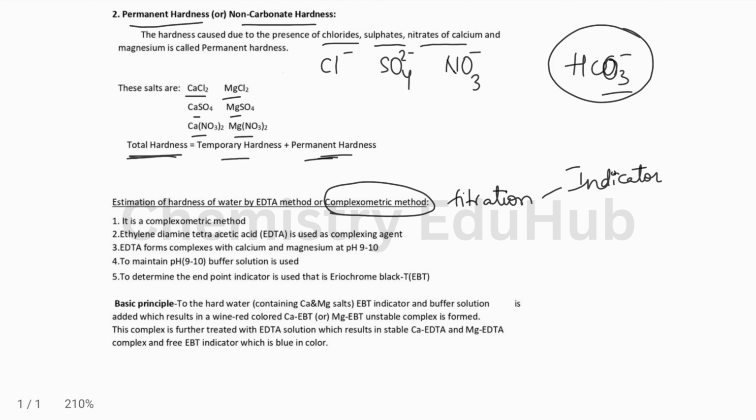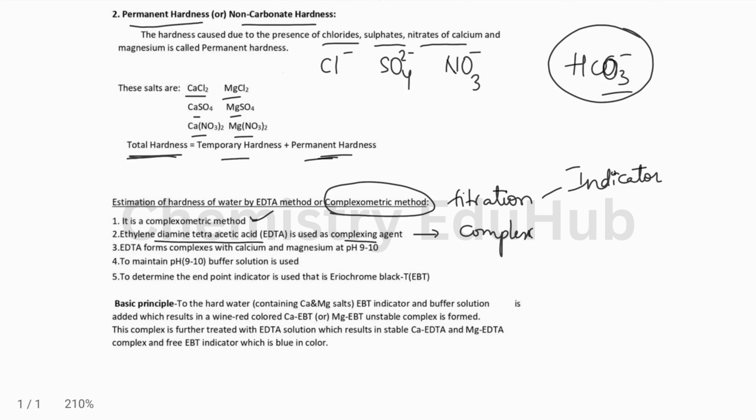So this is a bit complicated. It's called the complexometric method because the EDTA, or ethylene diamine tetraacetic acid, that we are using is a complexing agent. That means it forms a complex structure with the calcium or magnesium present in the hard water.